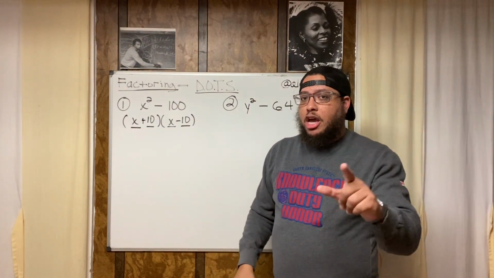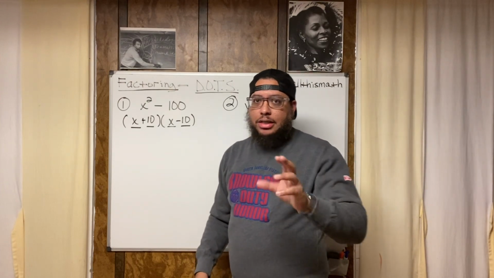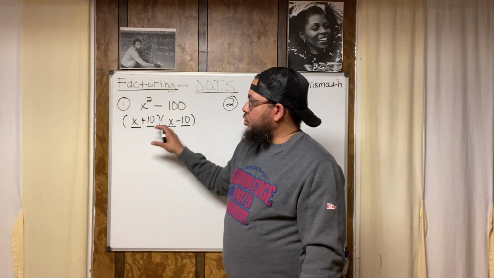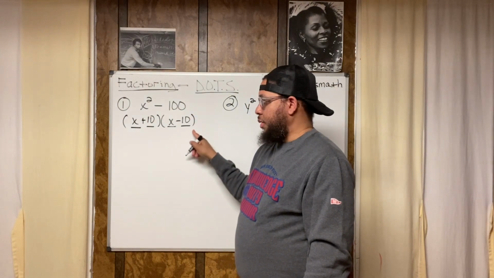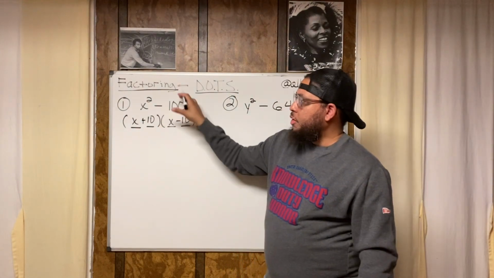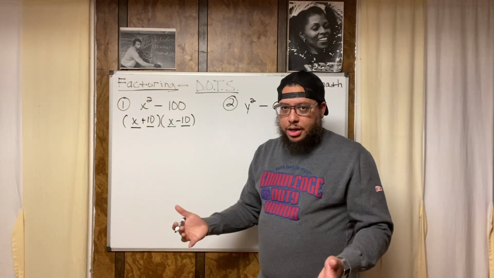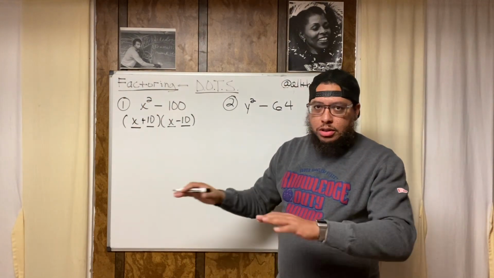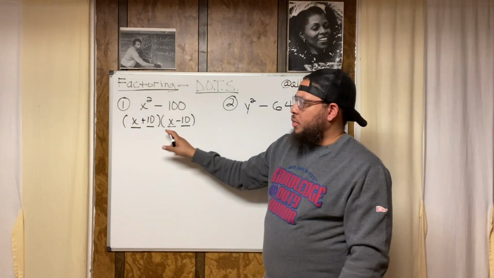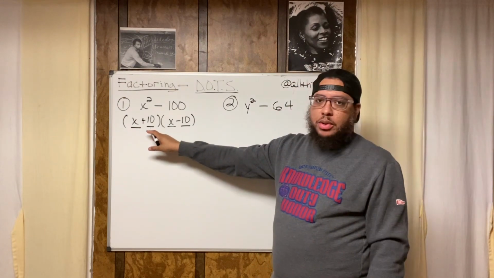Now, you have to be careful though, because you will sometimes, right? And I'm gonna do some examples like this on some other videos, right? You'll have a situation where you'll factor it, but then you'll have another difference of 2 squares, right? So for example, if we had a binomial like this, and there was a difference of 2 squares and we factored it, right? We pulled out the square roots, put everything where it belongs and all that. We did that. And then let's say you end up with, like, x squared plus 49.